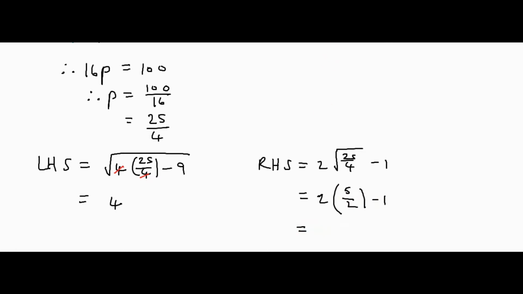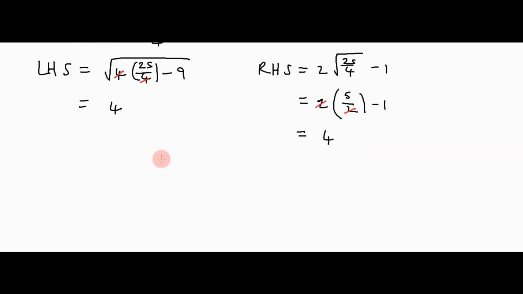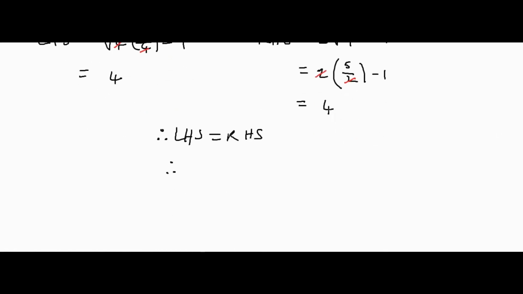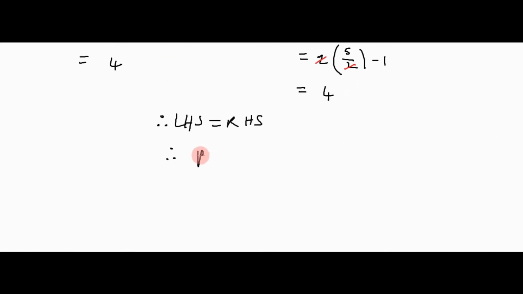And the 2's cancel here. And we're left with 5 minus 1, which is 4. So we see that the left-hand side equals the right-hand side. And hence, the value of p, which is 25 over 4, is a valid answer. So p will equal 25 over 4.